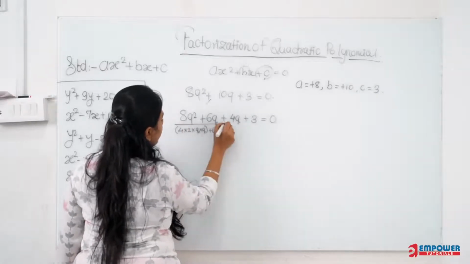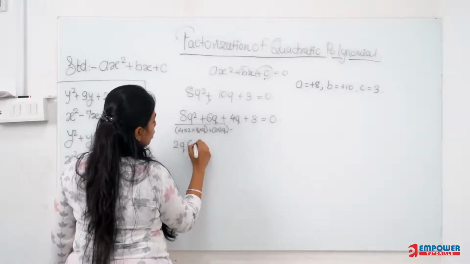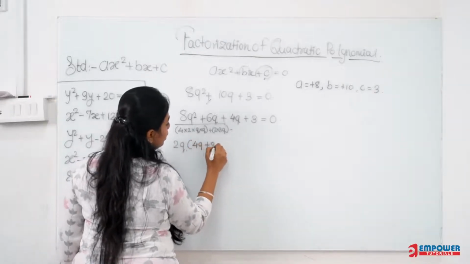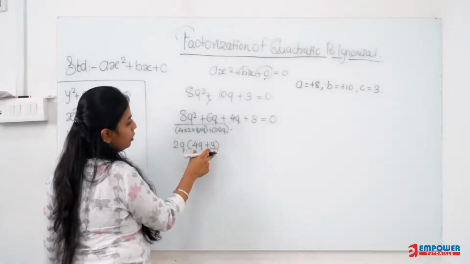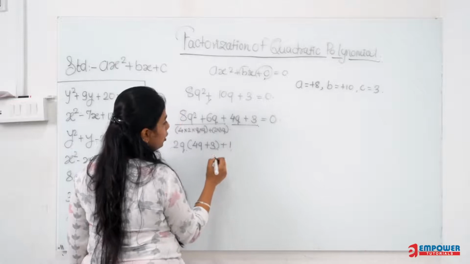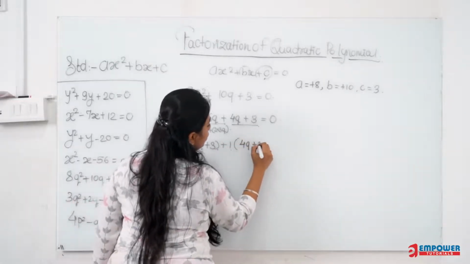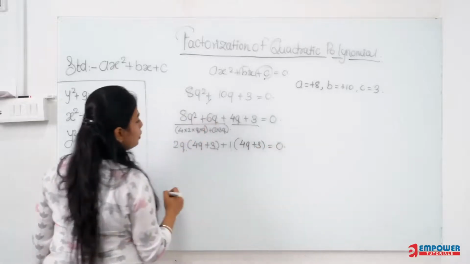So here I will take 2q as the common factor. So 4q plus 3 will be in the bracket. Okay, and here you have plus 1 as the common factor. So this will be plus 1 into bracket 4q plus 3 is equal to 0.